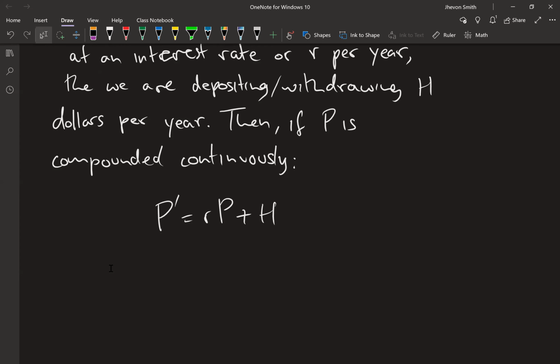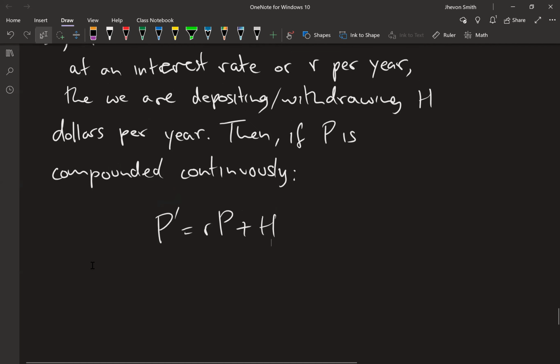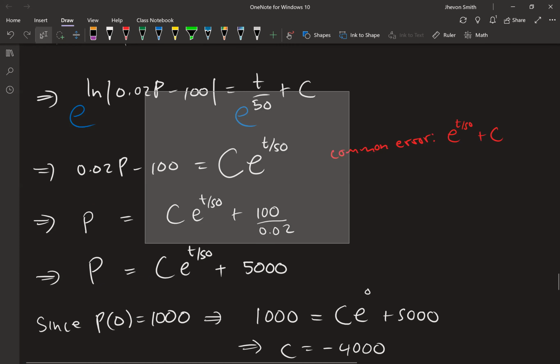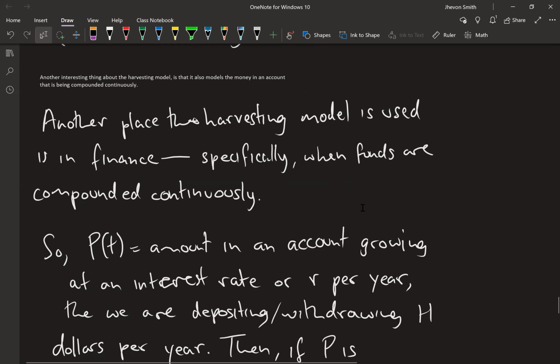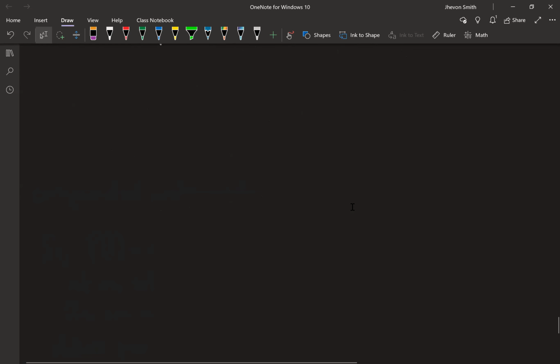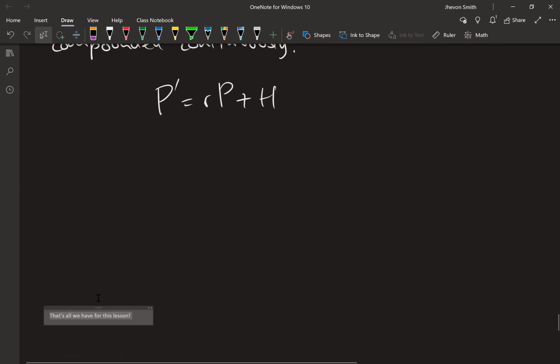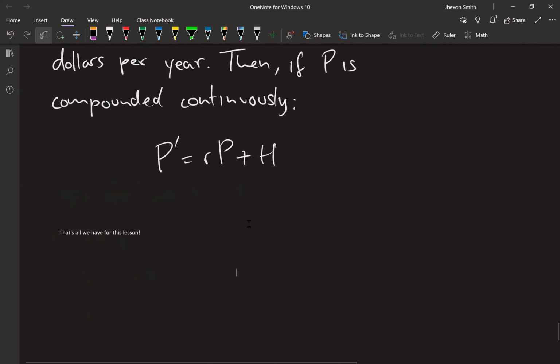If I start out with $1,000, how much money will I have after 10 years, right? So something like that you can ask. And you would solve this using a separable differential equation. It'll be very similar to the calculation that we're doing here, so I'm not going to do it again, but now you kind of know. So that's another scenario where this will work out, and that's all I wanted to do for this lesson. Okay.